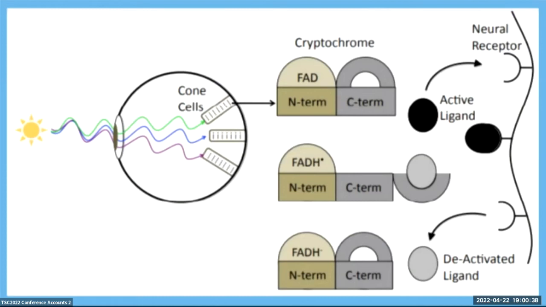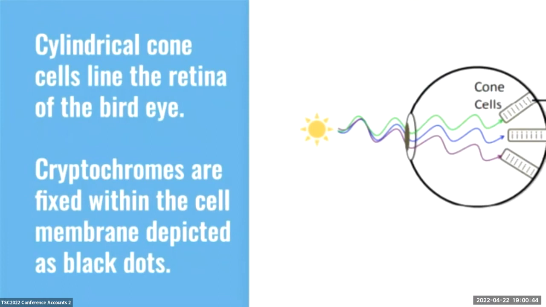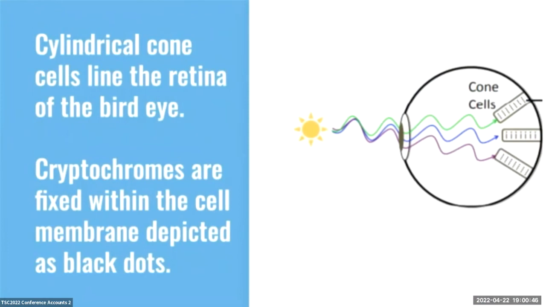Sunlight enters the eye and is absorbed by photoreceptors that are fixed within the cone cells of the retina. The cryptochrome photoreceptor has been suggested as a possible site for a chemical compass because it absorbs the UV, blue, and green wavelengths of incoming light, but not the yellow and red.